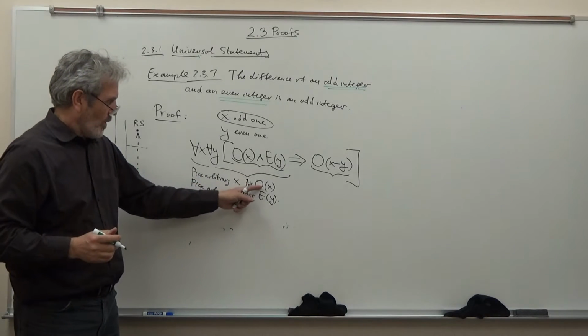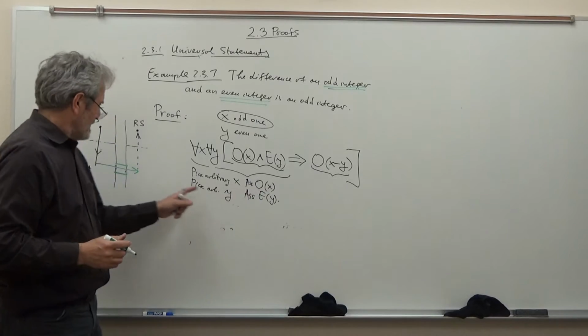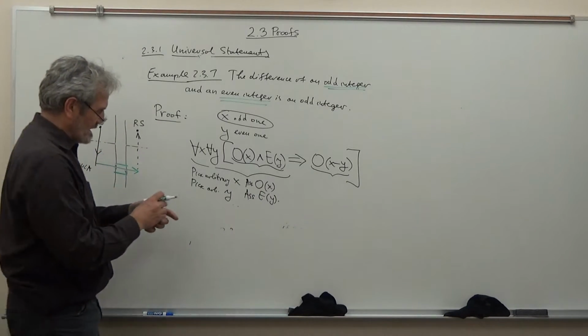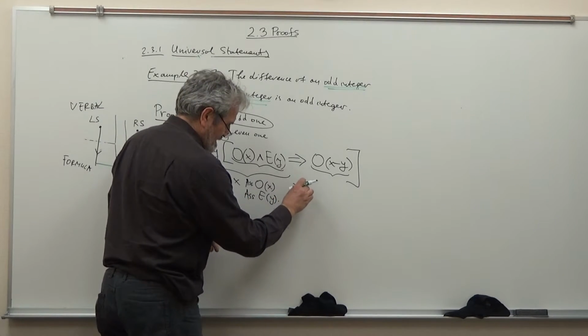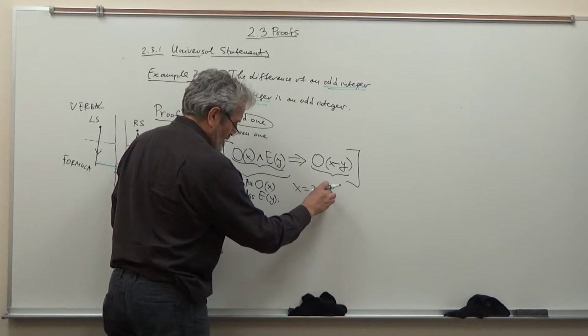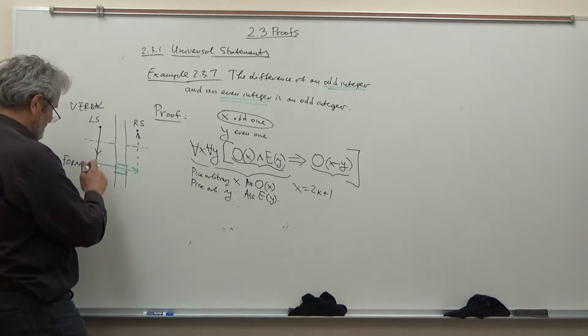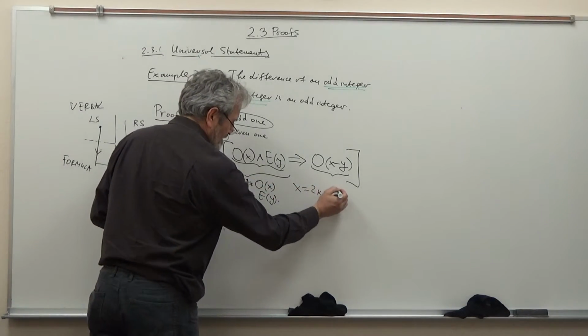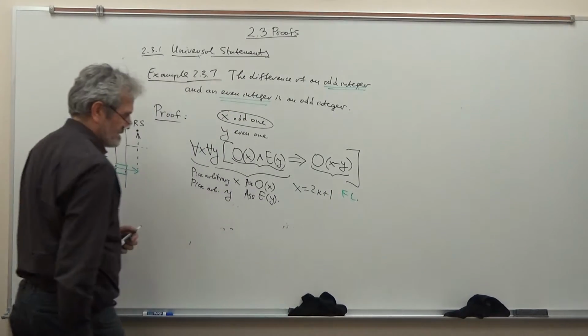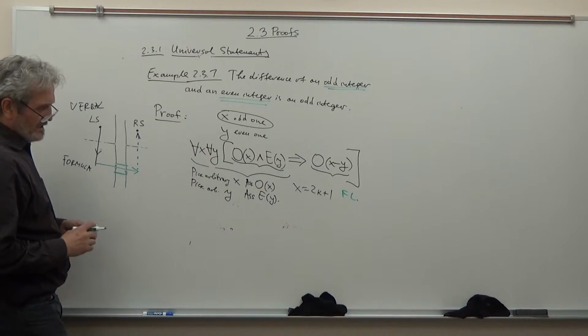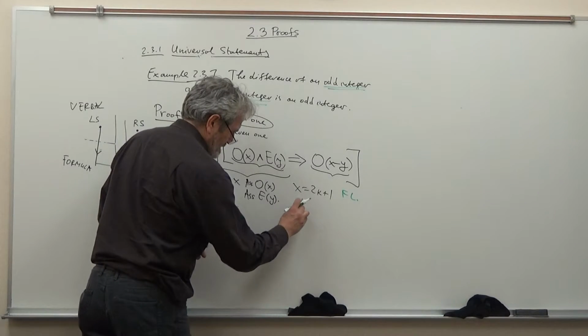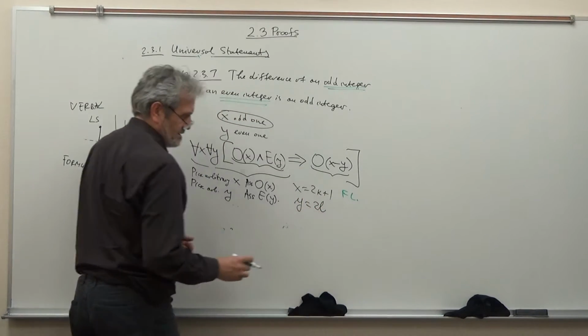So here it is. O of x is verbal. Now I'll cross to formulas and I say, what does it mean? That means that x equals 2k plus 1. Now I'm in formulas. So this is now formula land. Even of y says y equals 2l.